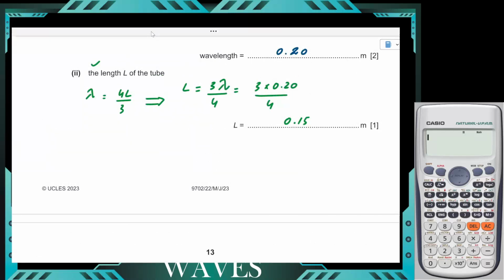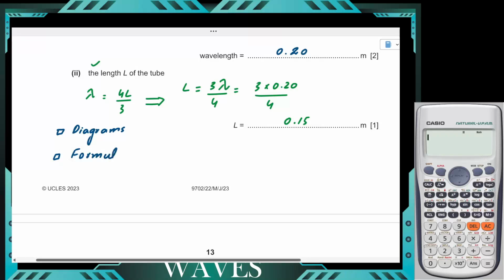In the topic of harmonics, you must be aware of how to draw the diagrams and how to write the general expressions, the formulae, for the 3 cases of the harmonics. So the drawings, the diagrams, and the formulae are equally important. If you're very good with one of them, you would always be able to answer the question.